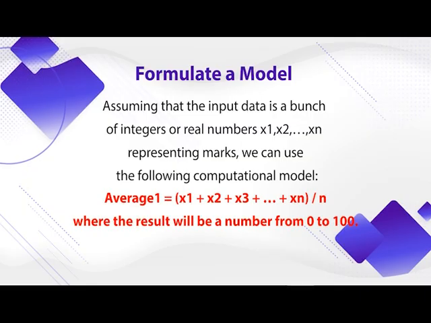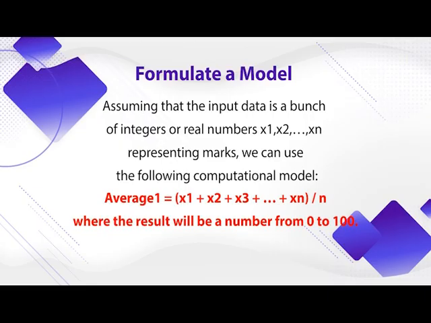Now, let us understand this problem in a better manner. This is the formula: average is equal to x1 plus x2 plus x3 up to xn divided by n, and this average can be mapped onto a scale of, say, 0 to 100. But what if the marks are given in the form of grades? Can we find the average?